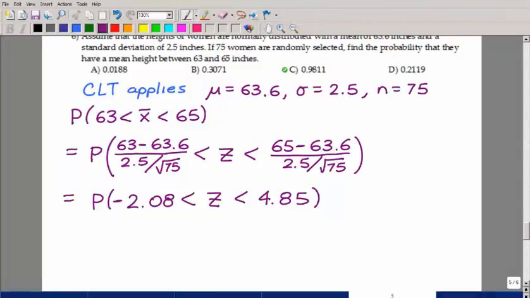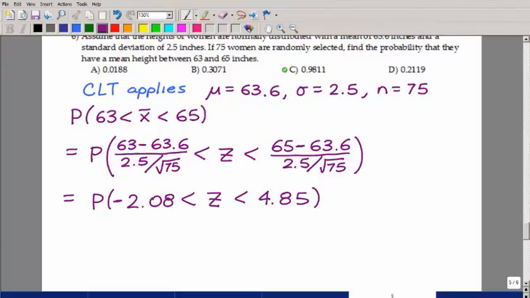Now, as mentioned in one of my sections on the normal distribution notes, if your value is off the chart, either high or low, it's not going to be real critical. You could use 0.9999, or even 1 for that 4.85 if you wanted to, or 0.9998. I think the chart has 0.9999 as the largest number. You won't find 4.85 on the chart, but that's not going to be a problem.